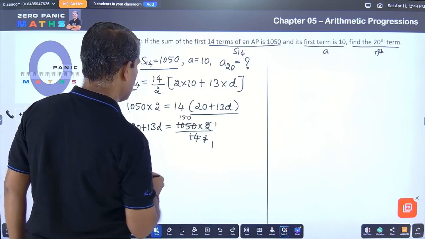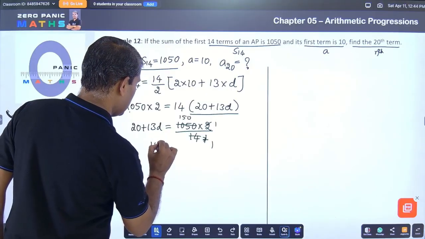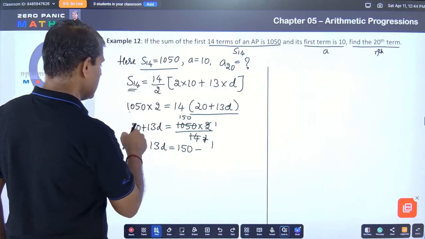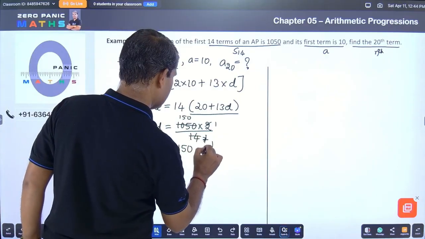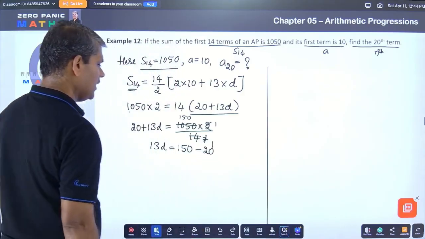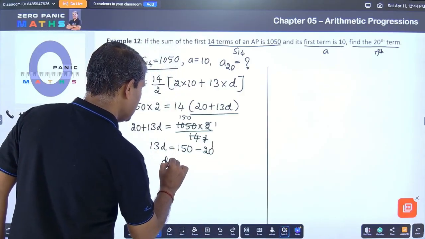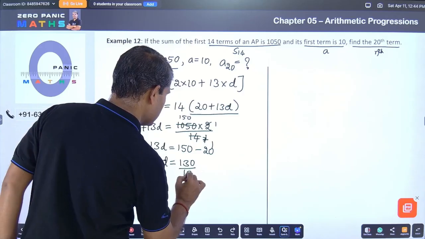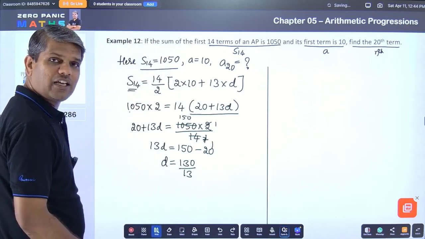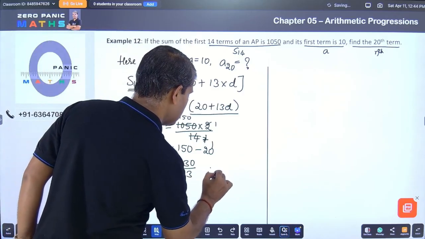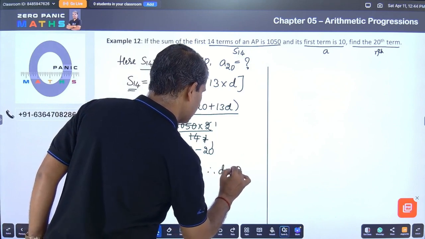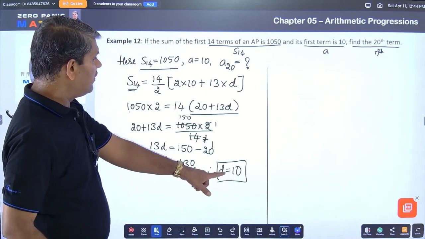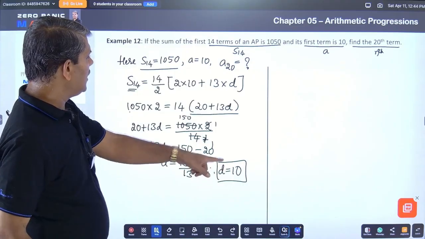So 13d is equal to 150 minus 20. That makes d equal to 130 divided by 13. So what is d then? d is equal to 10. 13 tens are 130.